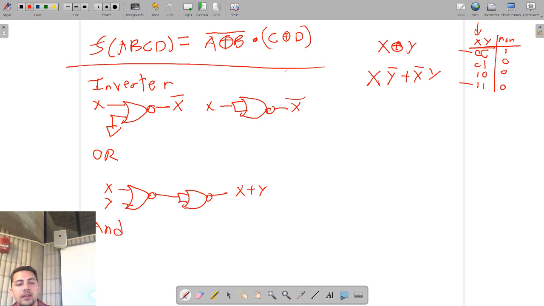Well, an AND gate is an OR gate with both of its inputs inverted. So we know how to build an OR gate because we take a NOR gate and then another NOR gate, tie the inputs together. Then we've just got to put inverters here.